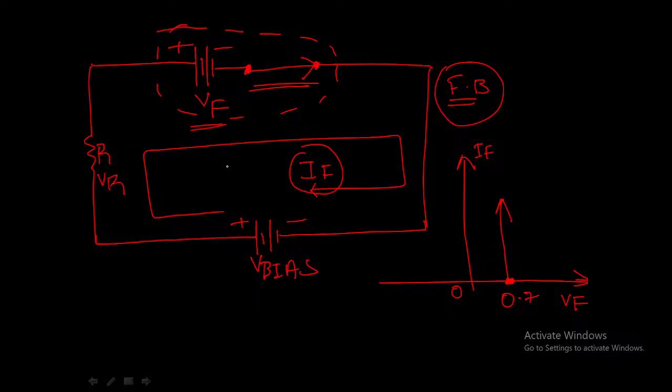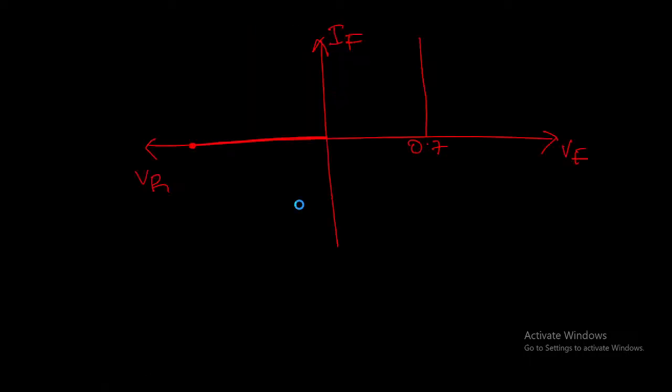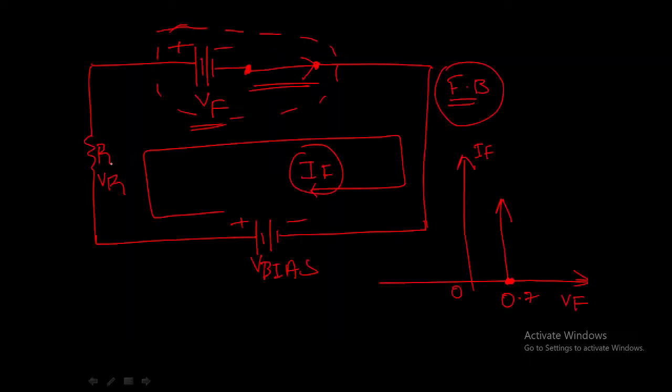So V bias minus VR minus VF equals 0. What is the voltage across this resistance R? It is given by Ohm's law, V equals IR. So VR will be equal to the current flowing through this resistance, IF, times R.